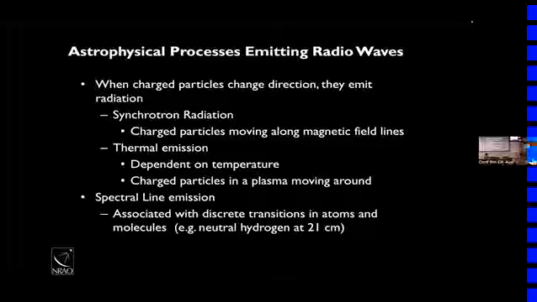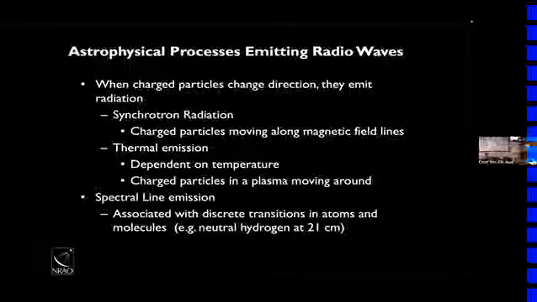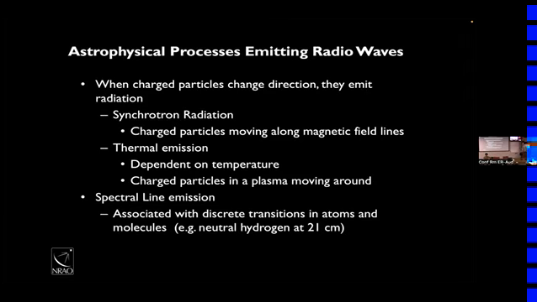That'll give rise to thermal emission, which is dependent on the temperature of the plasma. The requirement for thermal radiation is that you have ionized charged particles; they have to be in a plasma. Both of those give rise to what we call continuum emission, which we see across the radio spectrum.